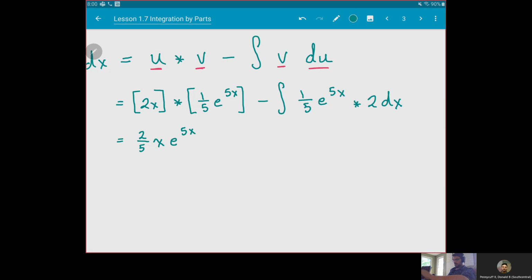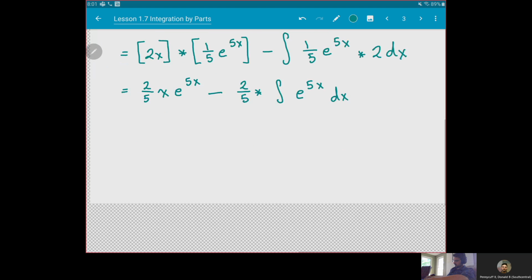That stuff out front, that first chunk, that's just along for the ride. No big deal. Okay. Then right here, I'm going to pull out the 1/5 and the 2. So that's going to be 2/5 times the integral of e to the 5x dx. Okay.